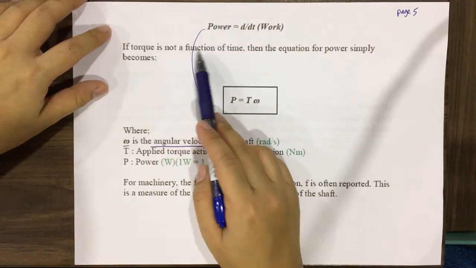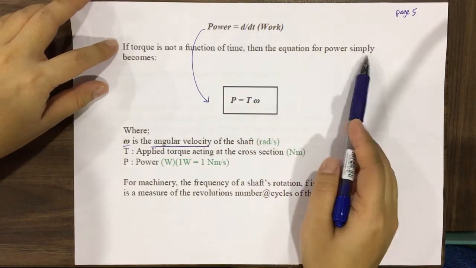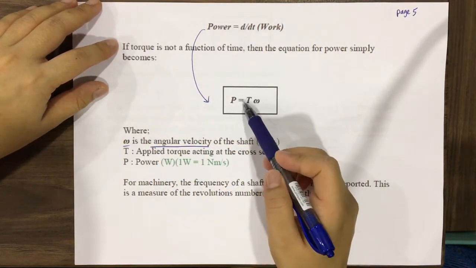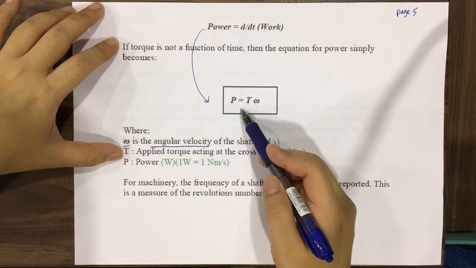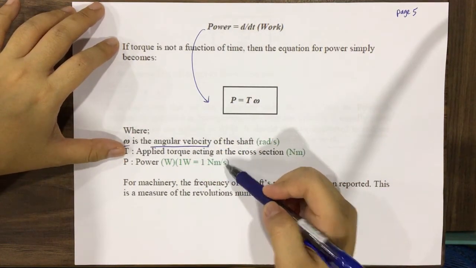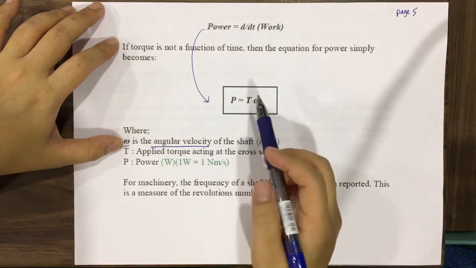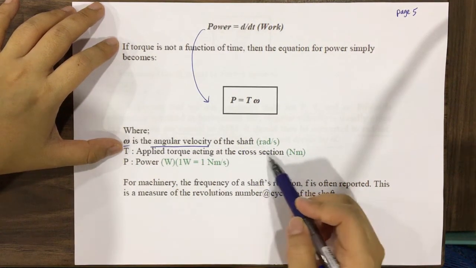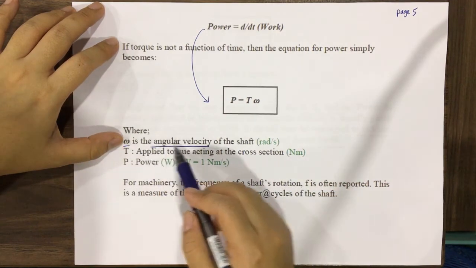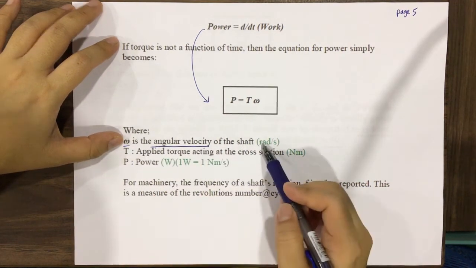If the torque is not a function of time, then the equation of power simply becomes P equal to TW, where P is the power in Newton meter per second, or watt, T is the applied torque acting at the cross section, and W is the angular velocity of the shaft.